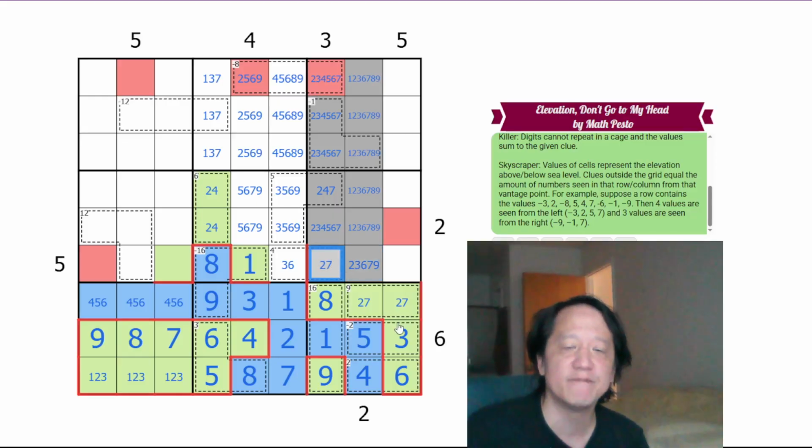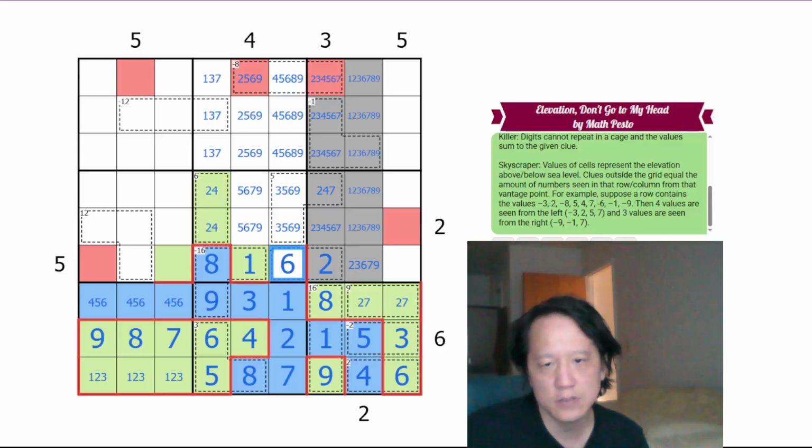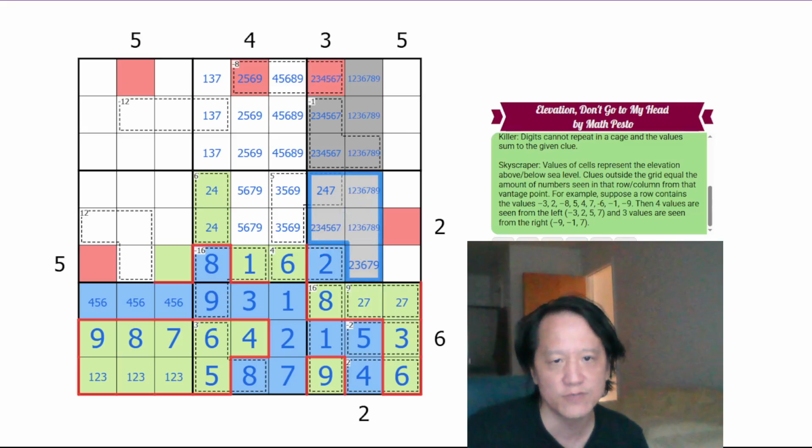This cannot be a +7, because if this were +7, it would see this cell here, the 7, the 8, and the 9, no matter what. So this must be 6 and 2 here. So that's 6 that it sees, 2 it does not, -2. That eliminates 2 in the rest of the box and column.